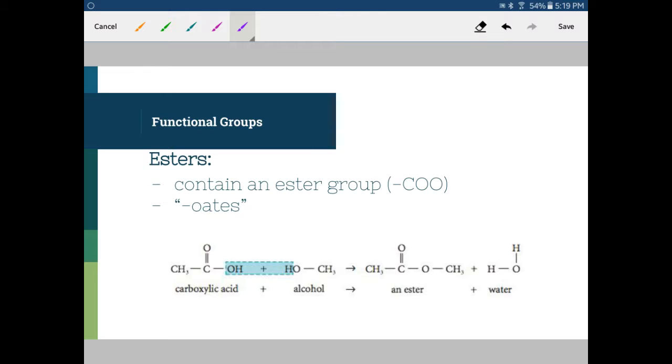It has an interesting naming system, and often students find these to be more on the challenging side. We will look more at this style of reaction that I have listed down here, which is an esterification reaction, which we'll go into when we talk about organic reactions. I just want to get an idea of how to name these things here.